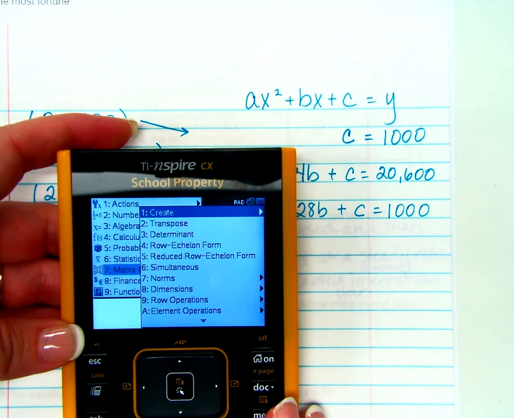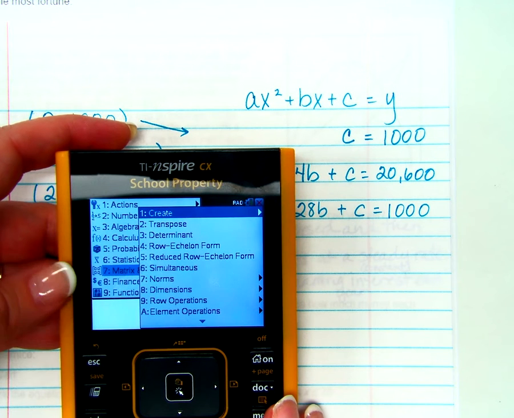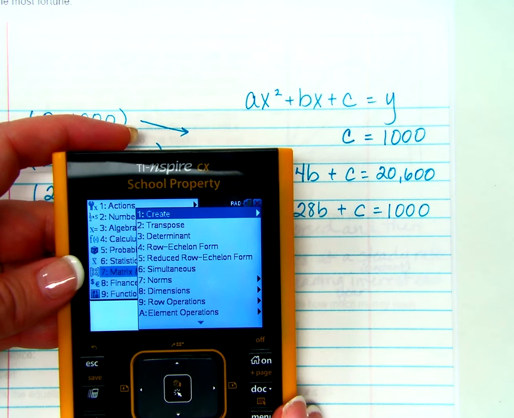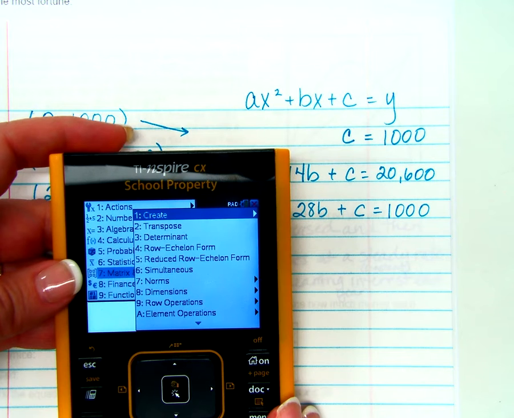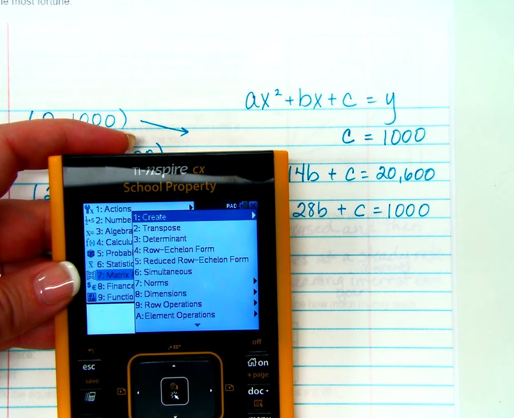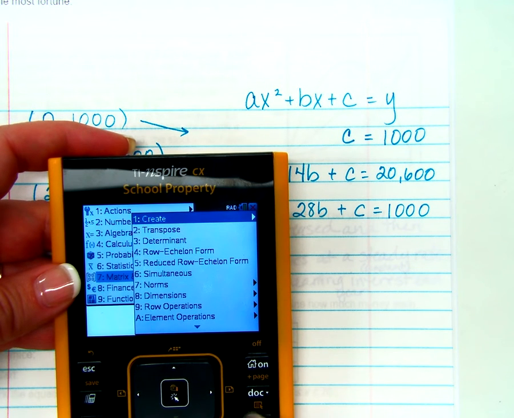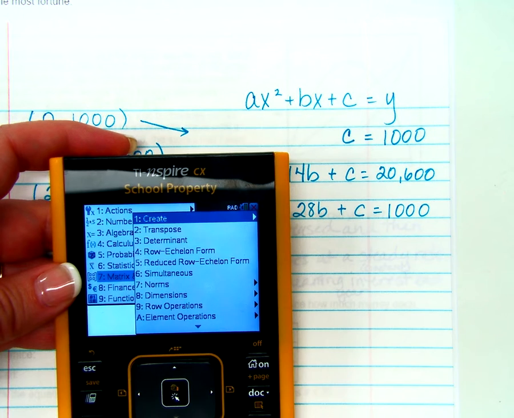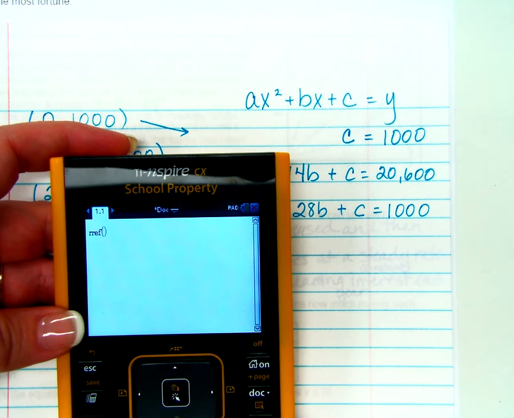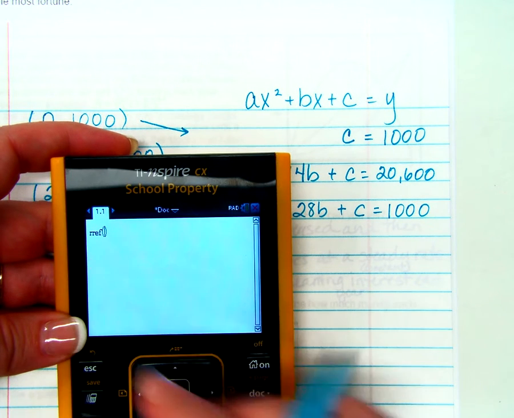What am I going to choose first? Reduced row echelon form. Yeah, reduced row echelon form. That's number 5. Okay? So, do you remember this now? Is it coming back to you?